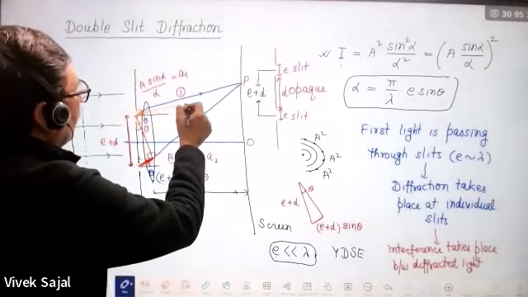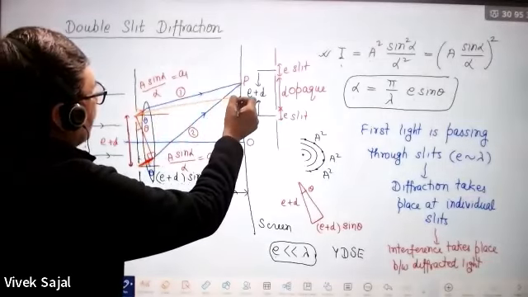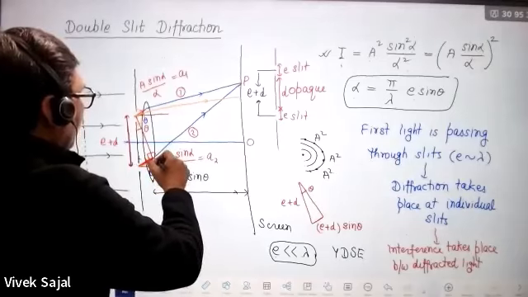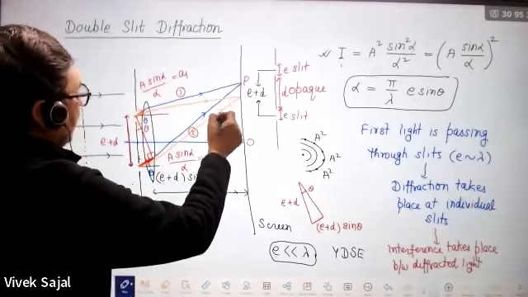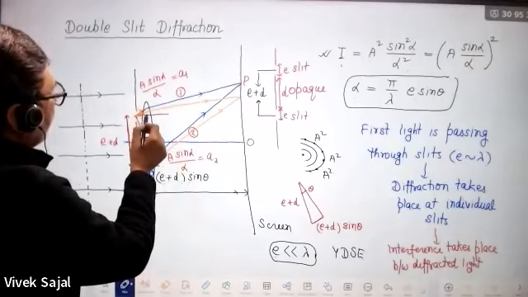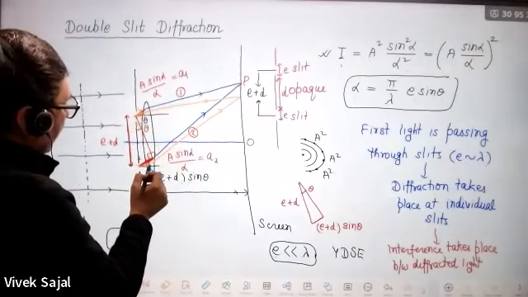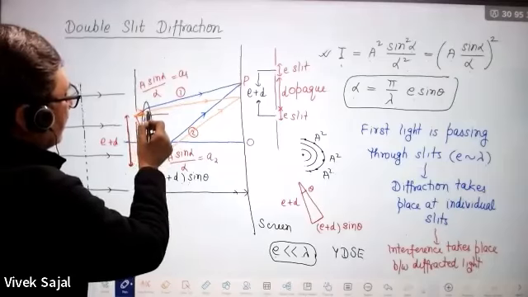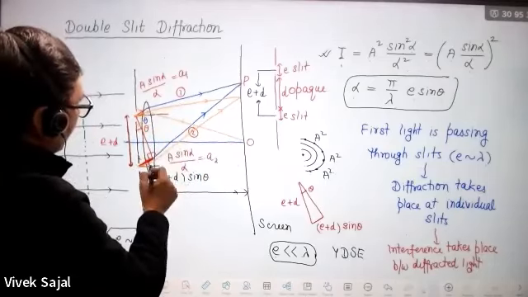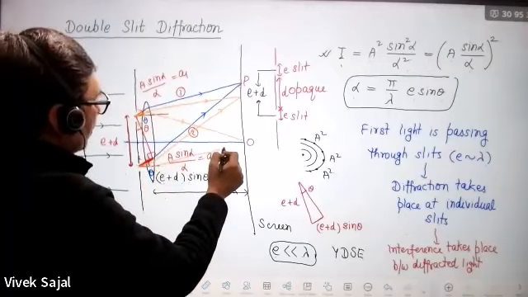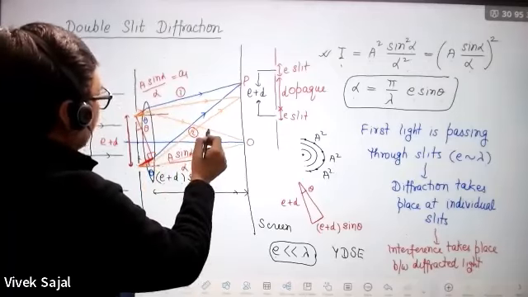It will get focused at some other point. You will get an intensity here. This part which is traveling parallel to the original direction is going to be focused here at this point. So the parallel part is going to focus here in this way.